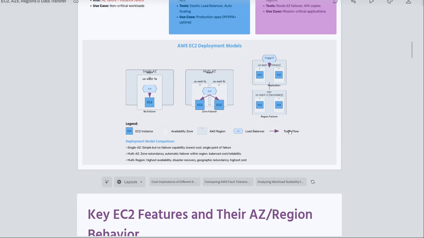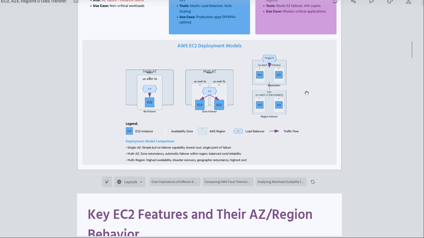The third one is multi-region, meaning two regions or more. It gives the highest availability, you can use it for disaster recovery, geographic redundancy, and it has the highest cost.